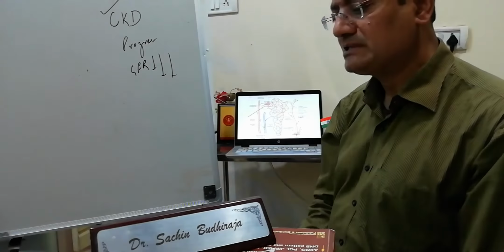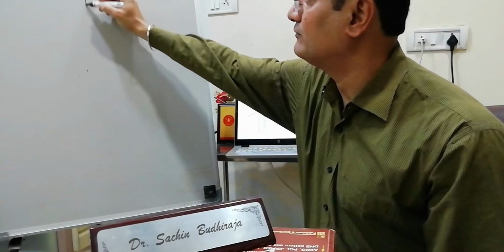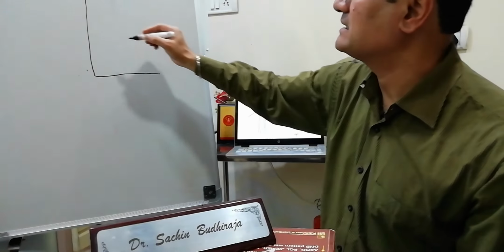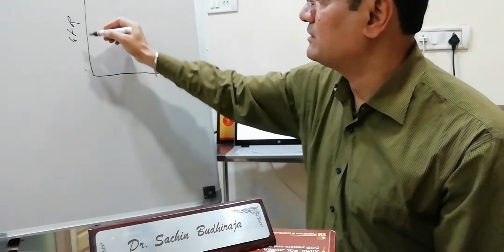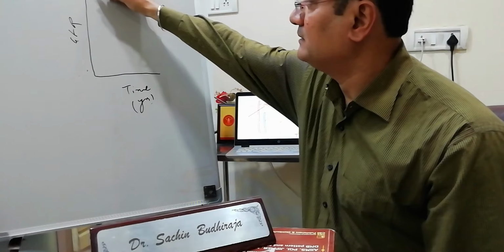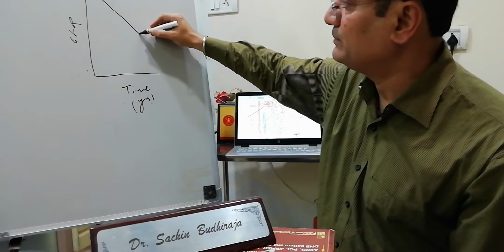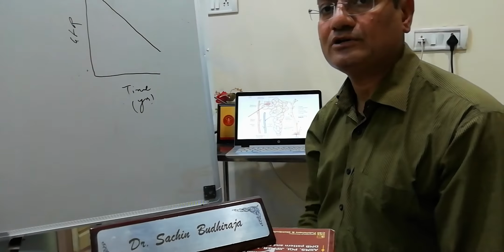If you see the natural history of a CKD patient, you are going to find this kind of graph. Say on the y-axis this is the GFR, and on the x-axis this is the time in years, then with time the GFR progressively goes down. So this is the natural behavior of a CKD disease process.